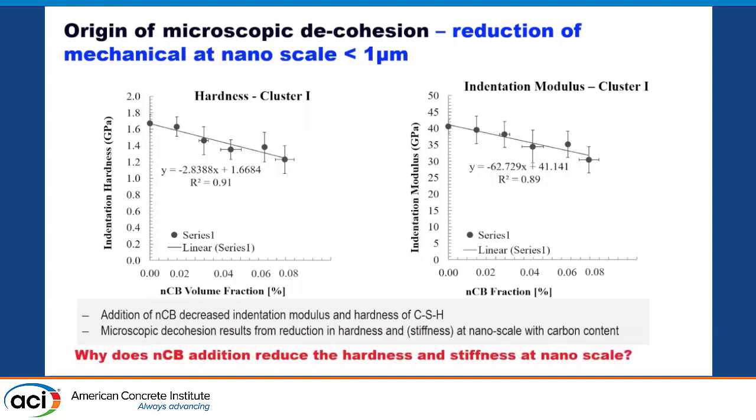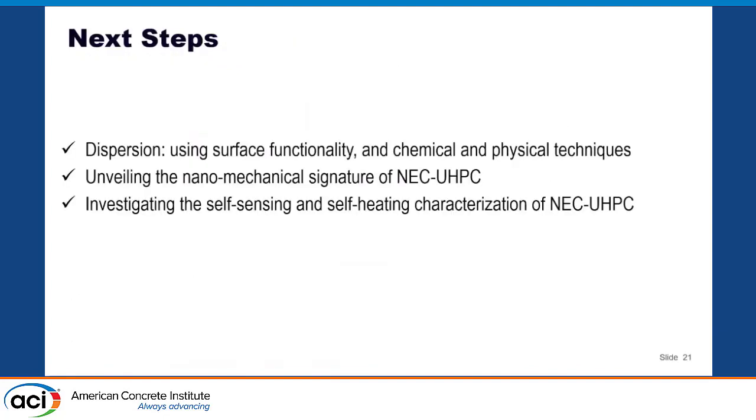Now we need to understand why the hardness and the stiffness are reduced from the nanoscale. This can be the next step, where first we unveil the nanomechanical signature of ultra-high performance concrete by continuing to estimate the impact of the packing density of the CSH. We will also continue our work on dispersion using surface functionality and the synergy between chemical and physical techniques.